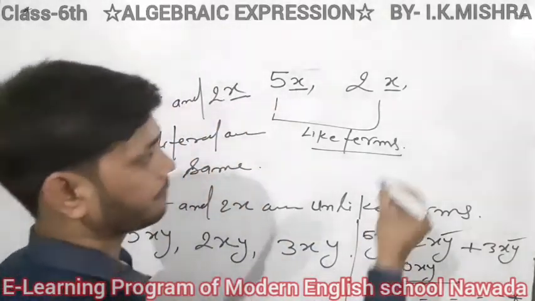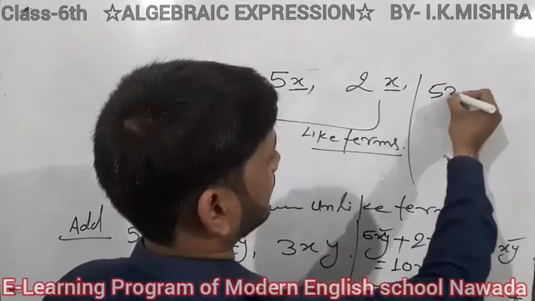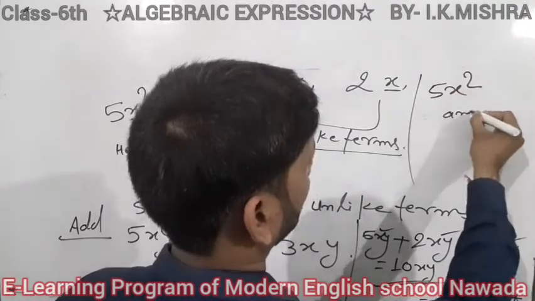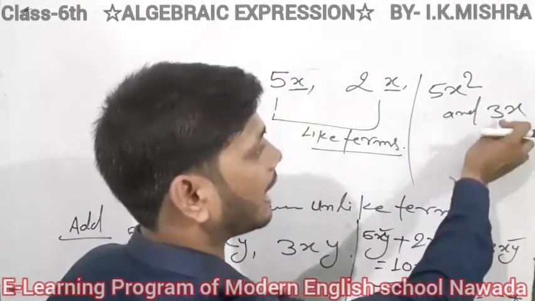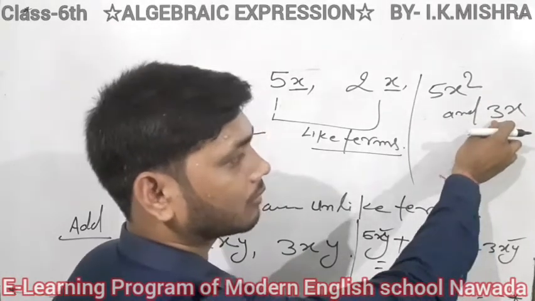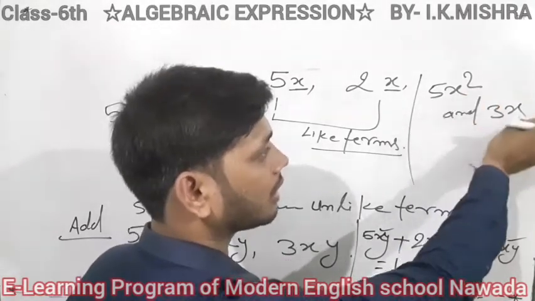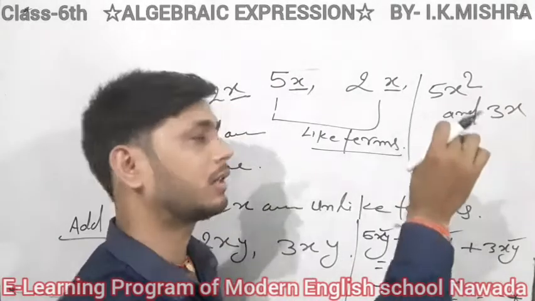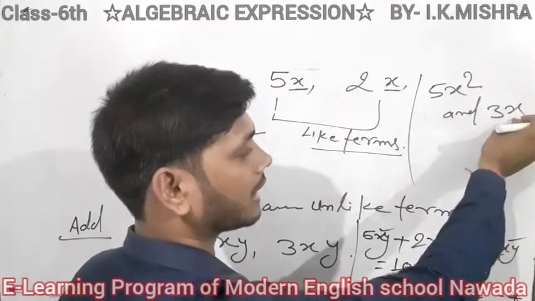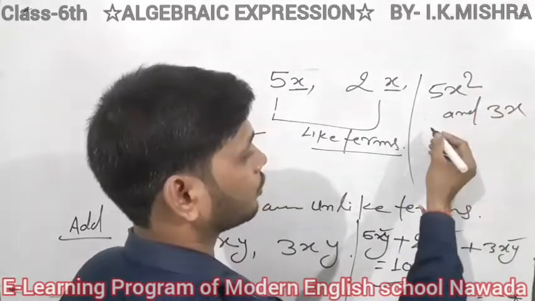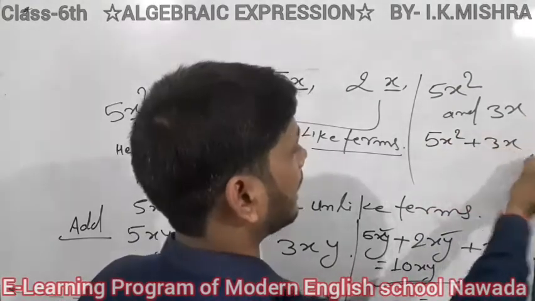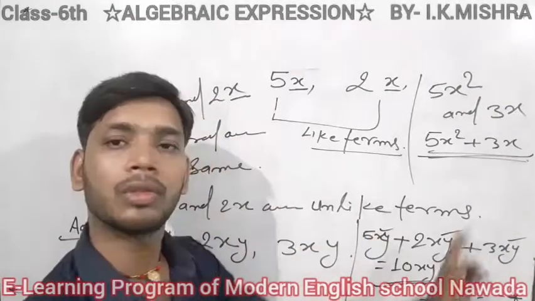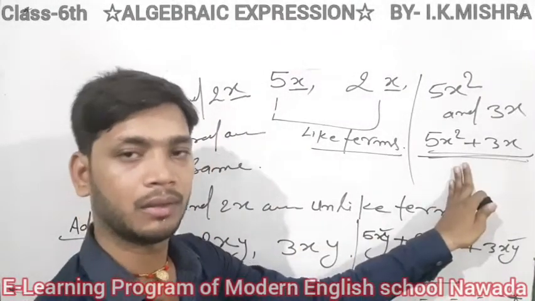Suppose you have to add 5x square and 3x. You can't add 5 and 3 because the literals are different. That means the literal part is not the same. That means these are unlike terms. So it will be written only as 5x square plus 3x, and it's the simplest form of this.